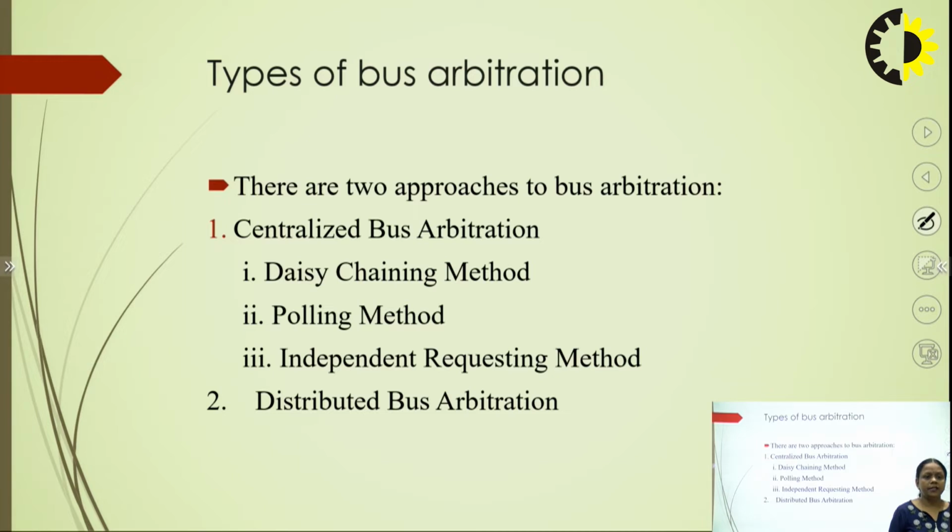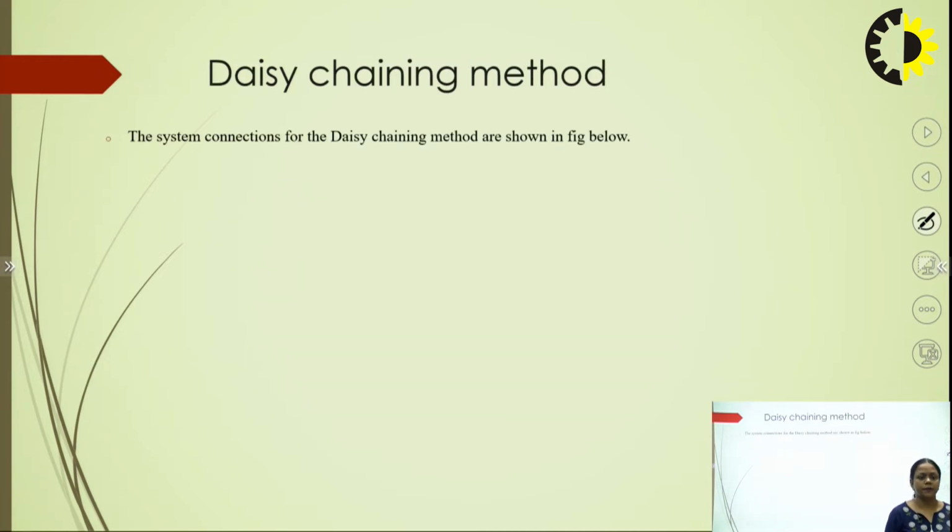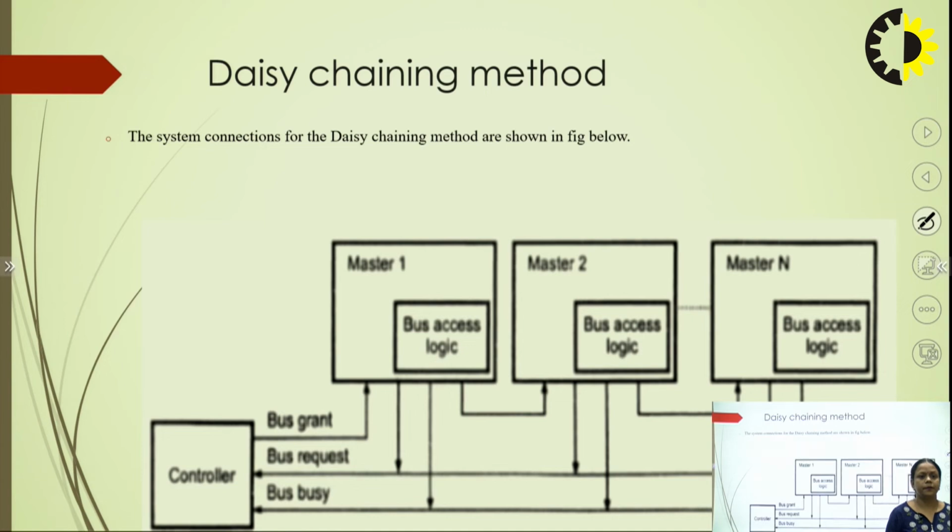Okay, so let's start with the daisy chaining method of centralized bus arbitration. You can see here, this is a diagram for the daisy chaining method. There is one controller and there are n masters for the buses. N masters means these are the devices which can use the shared bus system.